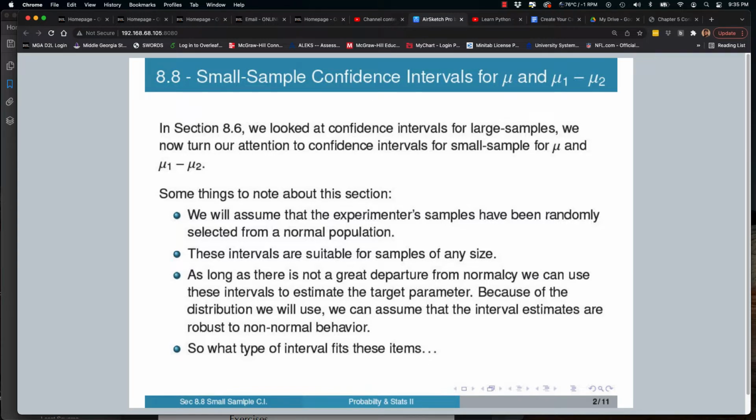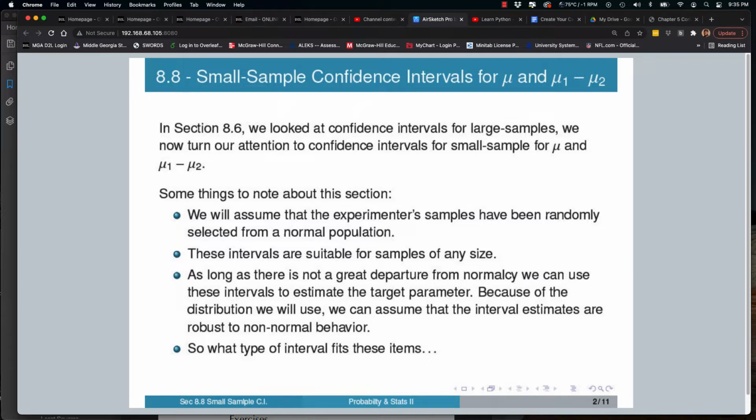Again, some things to note about this section: we will assume that the experimenter's samples have been randomly selected from a normal population. That's very similar regardless of whether we're doing a z interval or a t interval. These t intervals are suitable for any sample size really, but in this section we're going to look at them for small samples.